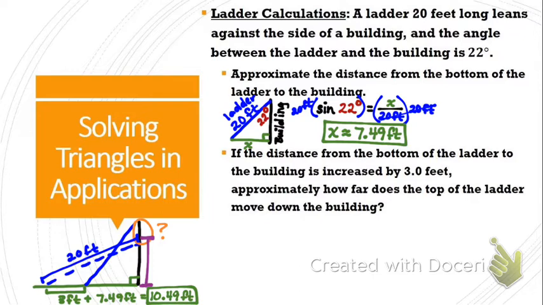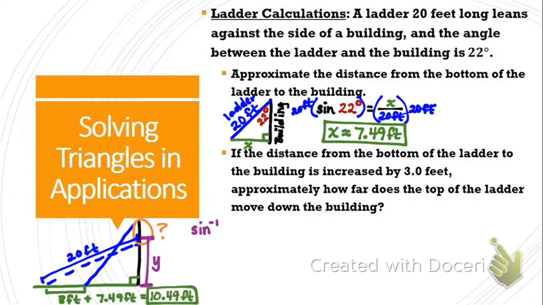Are you guys okay if we call that y? So how can I use the 10.49 feet and the length of the ladder, 20 feet, to help me figure out y? Use the inverse. Inverse of what? Sine. Inverse of sine. Okay, so it'd be inverse sine of what? 10.49 over 20.